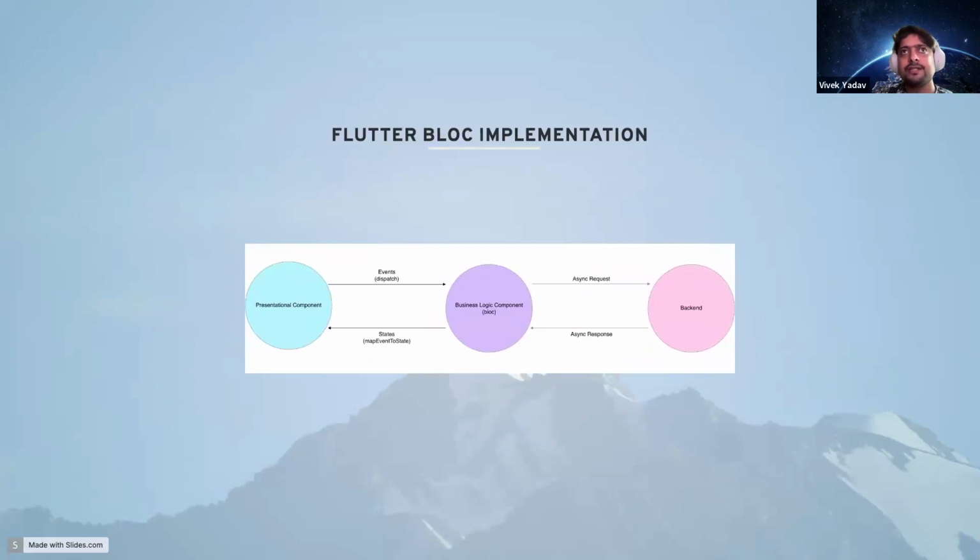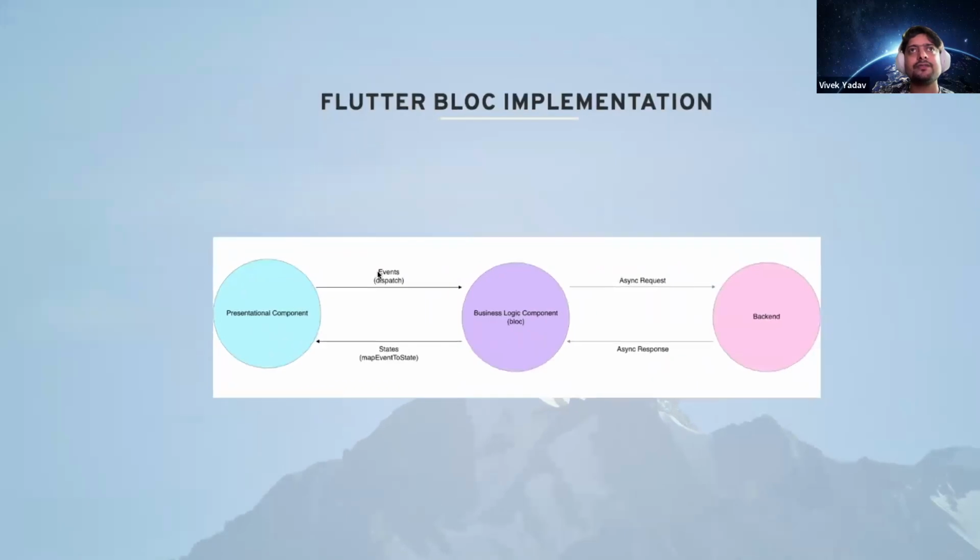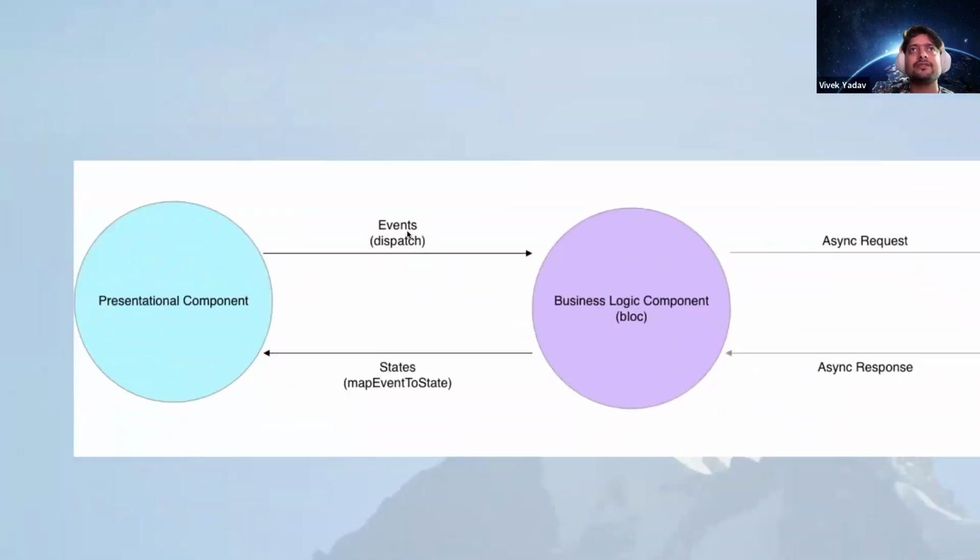How does it do this? There are two terminologies to it. If you can see closely, we have events which are dispatching, and then we have states which are coming back. When it's a presentational component, this is basically your UI, all your user interface. It dispatches events. So what are events? Events can be anything which is happening in the app.